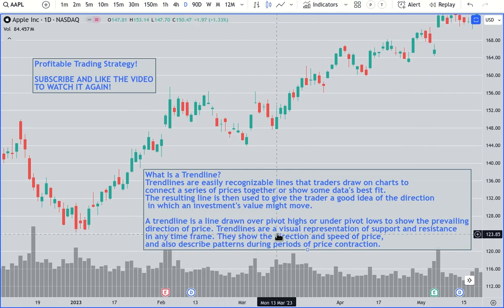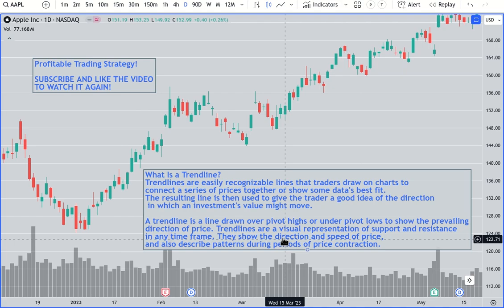Trend lines are a visual representation of support and resistance in any time frame. So you can use this not only on the daily time frame, you can use it on 1 hour, 5 minute, or even weekly or monthly time frames.